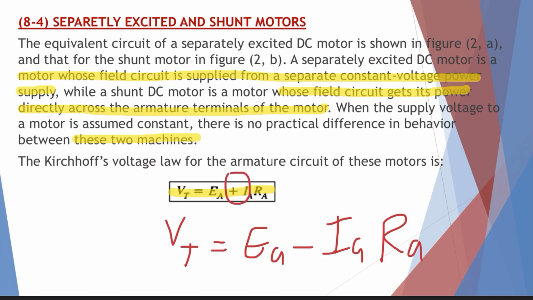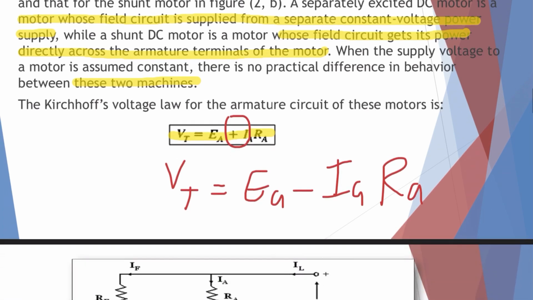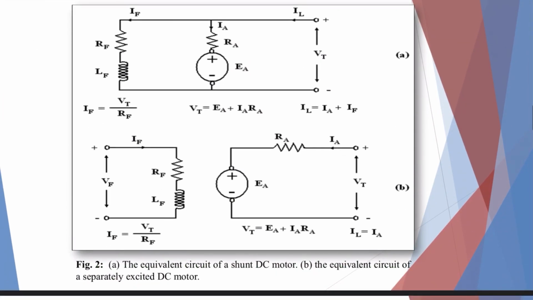Okay, let's move to the next slide. These are the equivalent circuits for shunt and for separately excited motors.